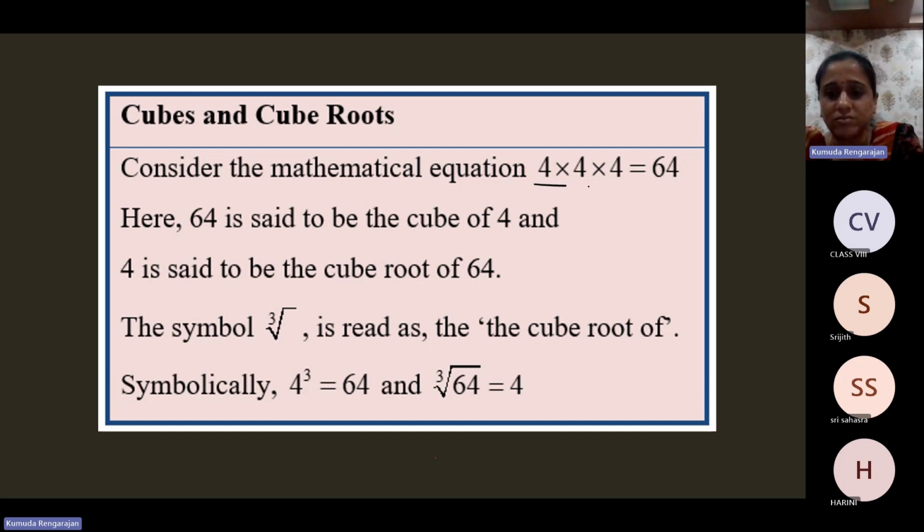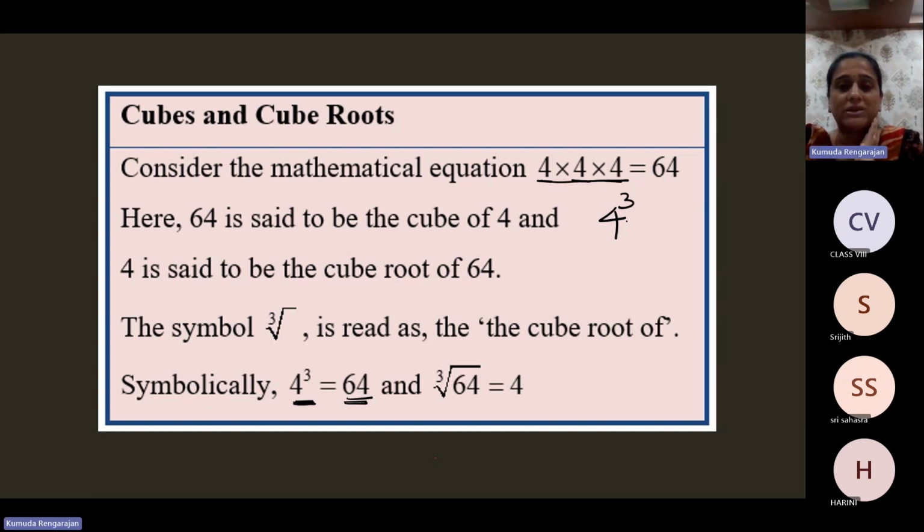Symbolically, for this mathematical equation, 4 cubed is equal to 64. 4 into 4 into 4 means 4 cubed. 4 into 4 into 4 is written as 4 to the power 3. We have understood this in exponents last year.